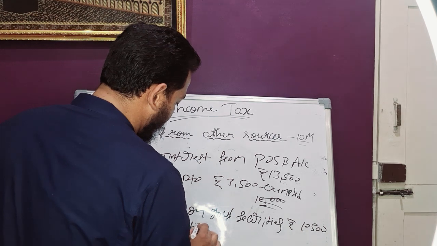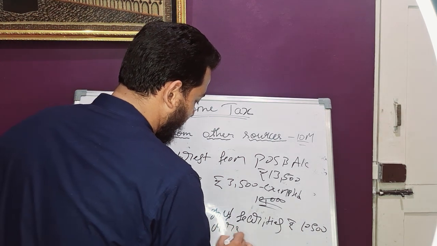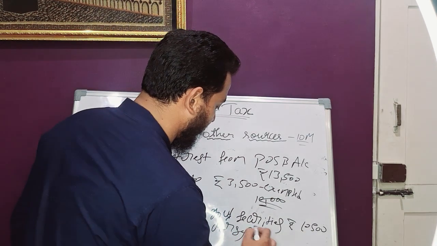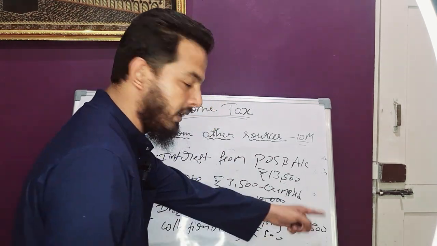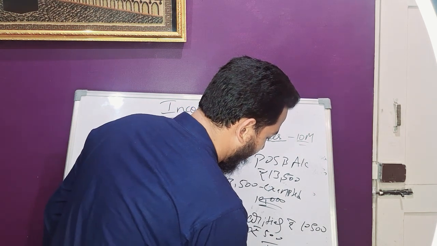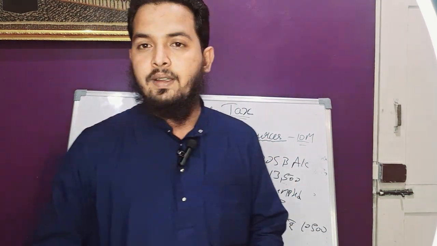Next point they have given collection charges. Interest on government securities 10,500, collection charges rupees 500. 10,500 minus 500, 10,000 is taxable under the head income from other sources.